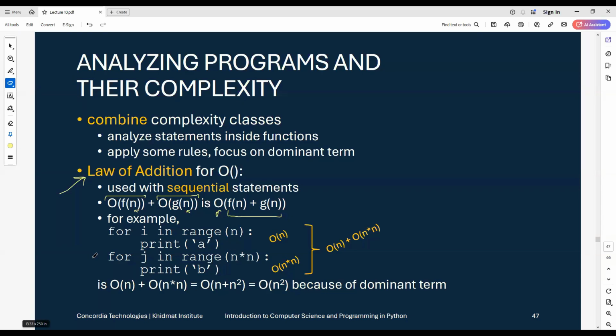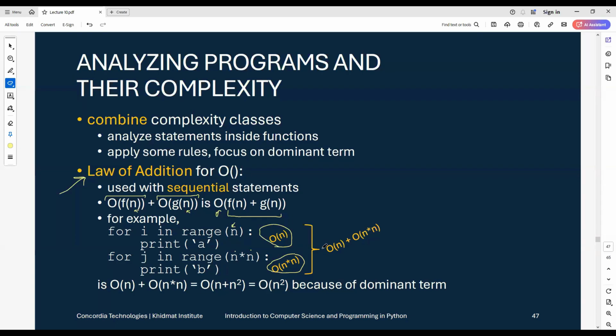Here, for example, we have a loop that prints a n times, and then right after that we have another loop that prints b n times n times, so n squared times. Now, overall, the complexity of the first loop is linear. It is dependent on just the number n, whereas the complexity of the second for loop is n squared.